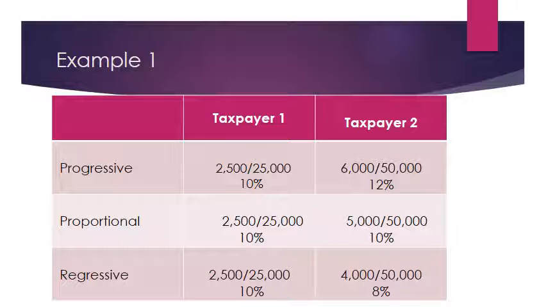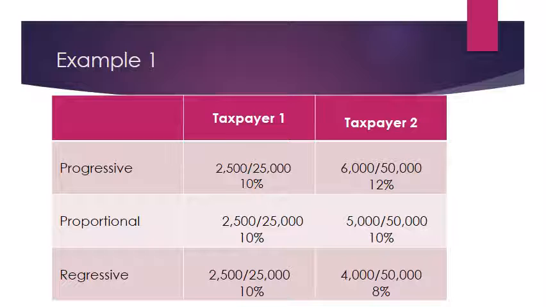In the first scenario, taxpayer 1 would be paying 10% of his income as tax. So the effective tax rate for taxpayer 1 would be 10%, whereas for taxpayer 2, dividing 6,000 by 50,000, the effective rate for taxpayer 2 would be 12%.